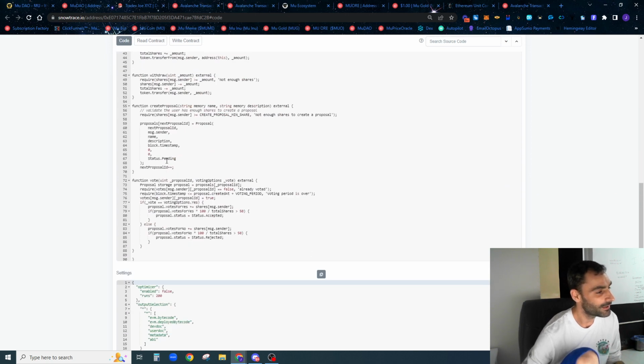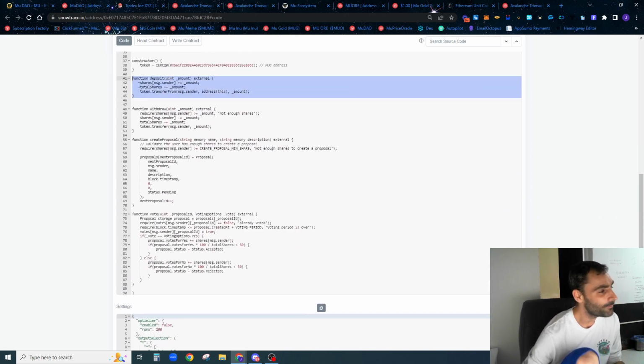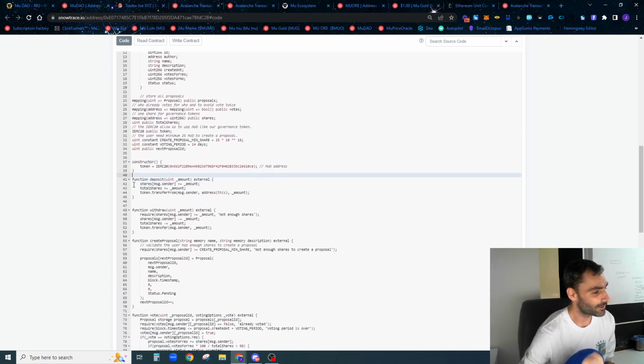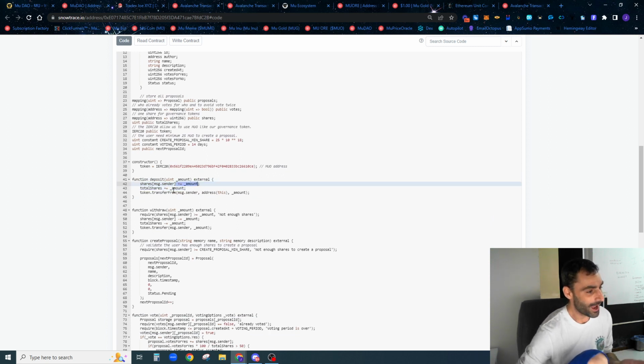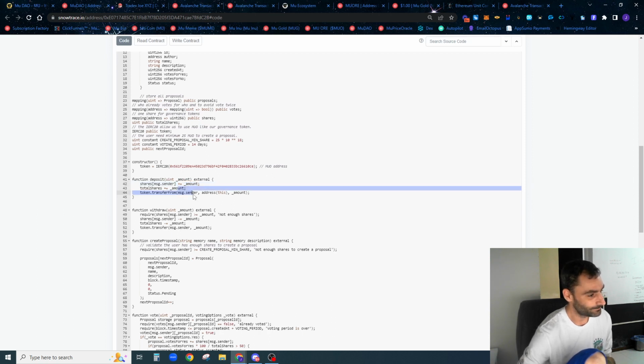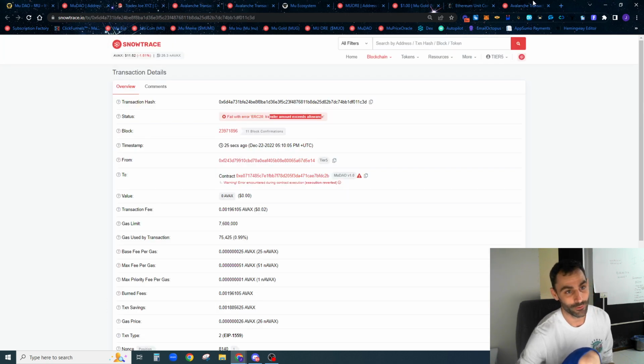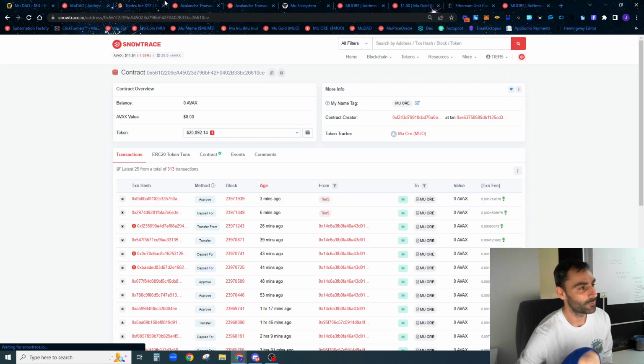But you can also see that that value only gets updated whenever there's a deposit. So if you deposit some amount, you can see that your shares are actually updated with that new amount. All right, and then we basically transfer our token, which we can see our token right up here is this contract right here. And if we were to go actually look at this contract, we'll see it's Mu or. You can see that's Mu or.